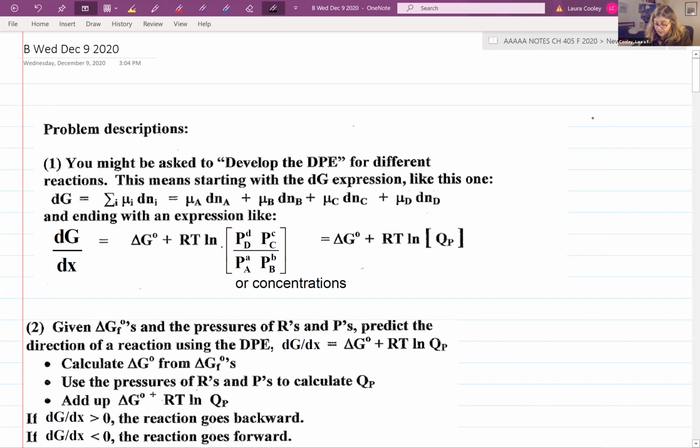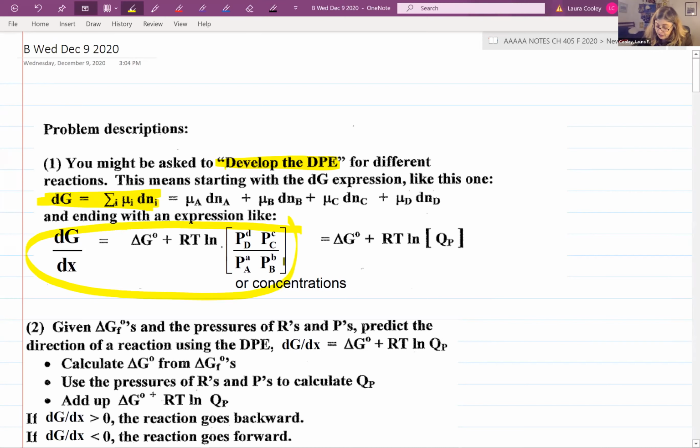This is the last page of that handout. And so I just want to make sure you understand that when I ask you to develop the direction predictor equation, I'm asking for you to start with this equation right here and end up with something that looks like this.